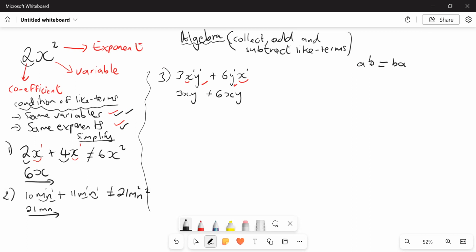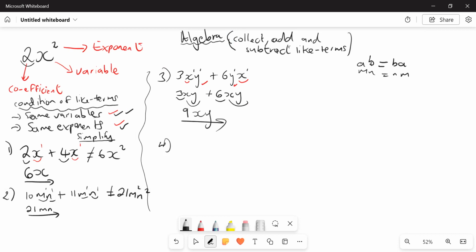This is the same. Or you can have m, n equals n, m. Still okay, right? So now we need to add the coefficients. We get 9. Common variables, we have xy, xy. So we write xy. That's correct, guys.